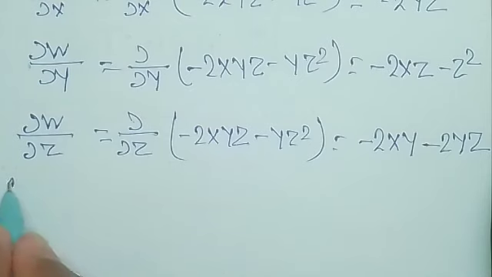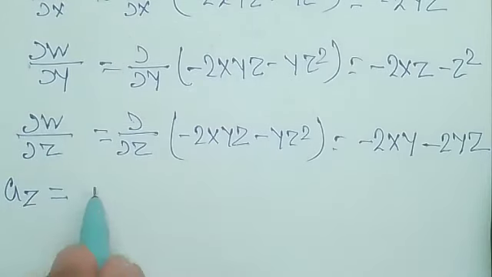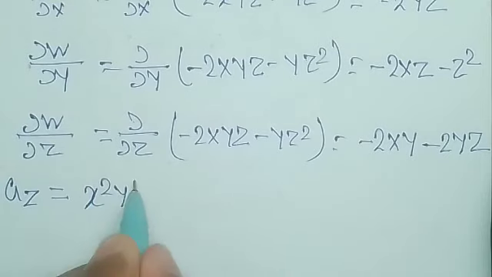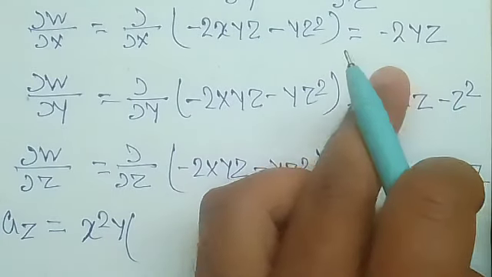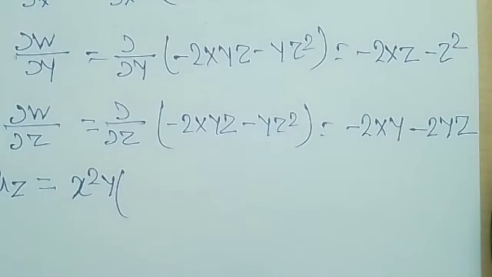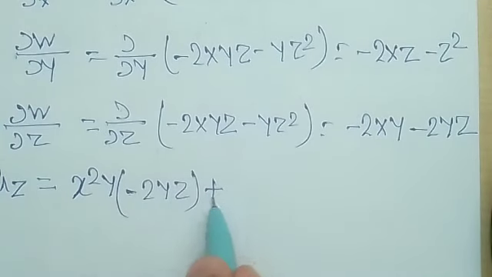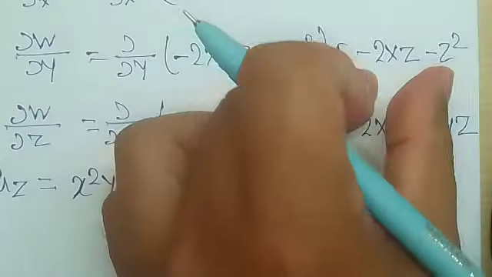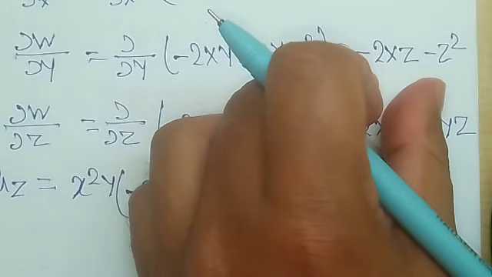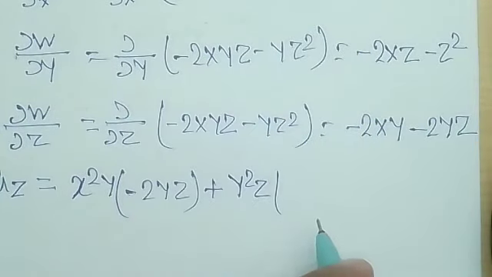So this is what further you can write. Az only here. So U into dou W by dou X. U is x square y into dou W by dou X, you got minus 2yz, right? So this is minus 2yz plus V into dou W by dou Y. V is y square z, and dou W by dou Y is equal to minus 2xz minus z square, right?